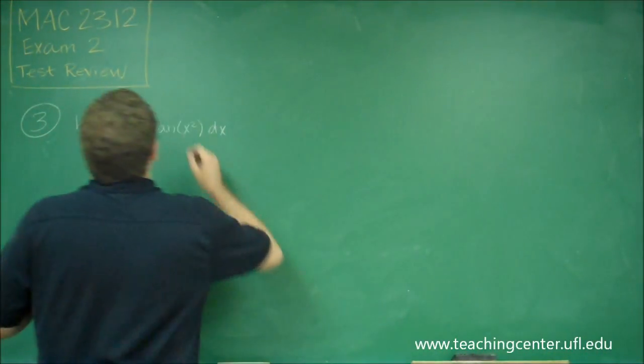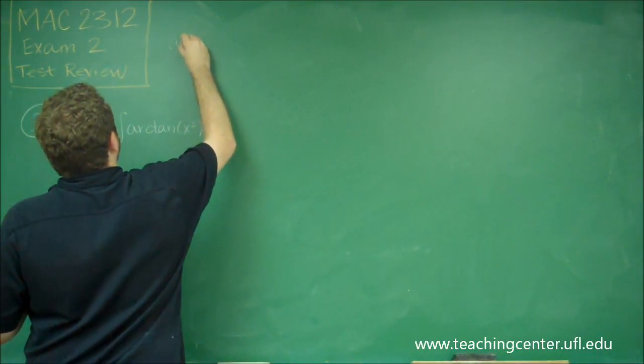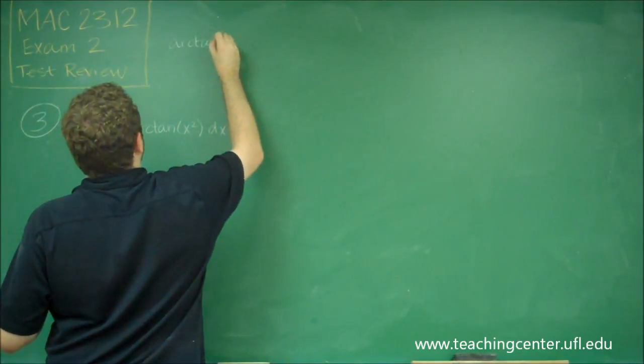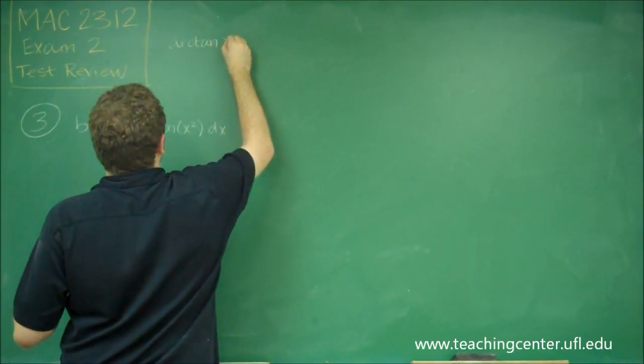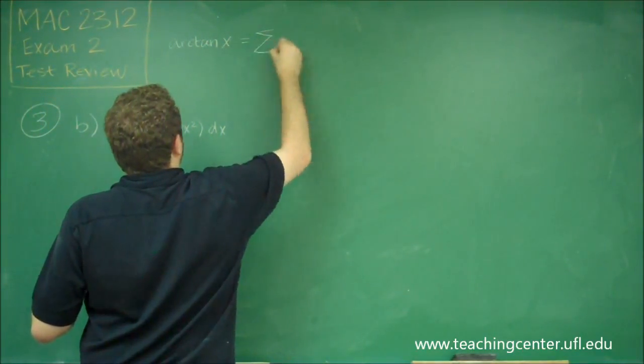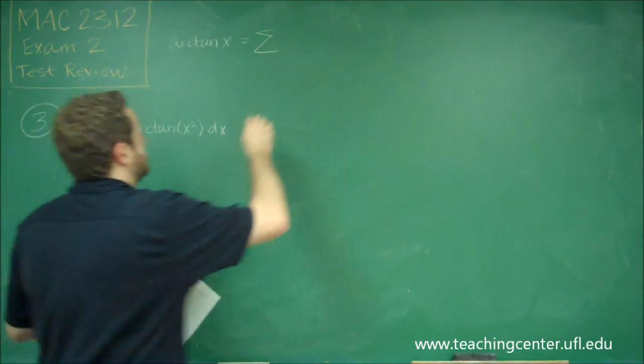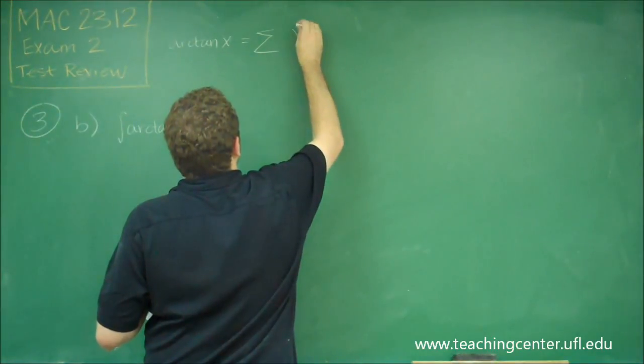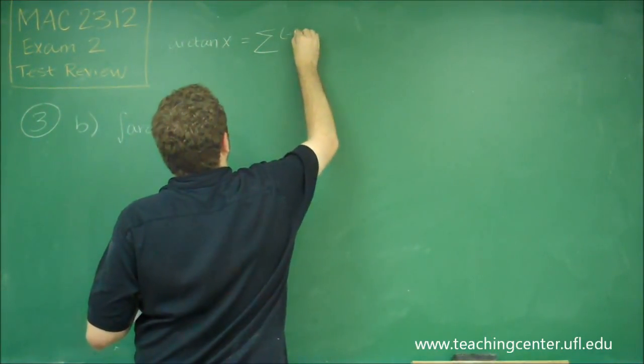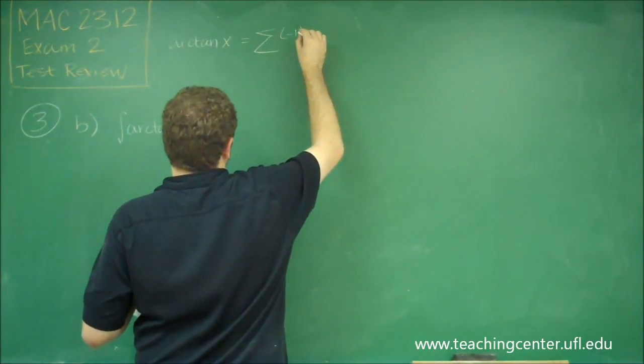So recall, for this one, you need to know the power series representation of arctan of x. The power series representation of arctan is, we're going to start, we have odd powers of x. First we should say it's going to be alternating.